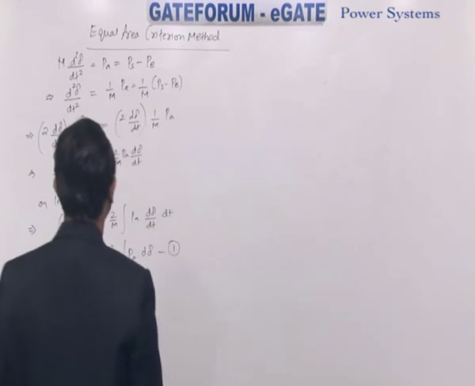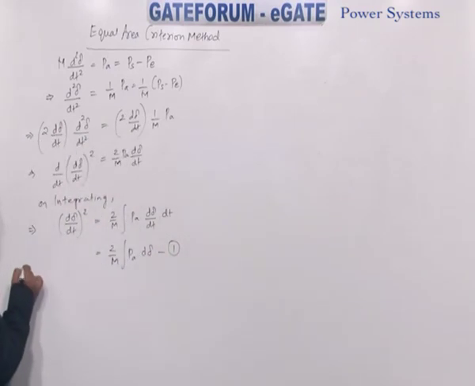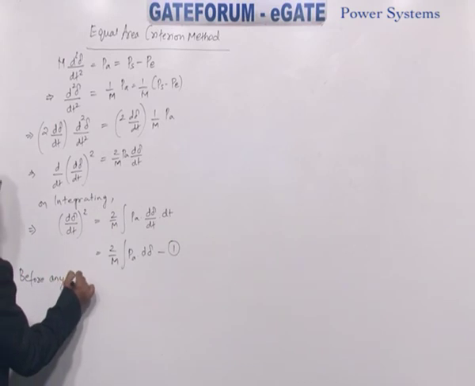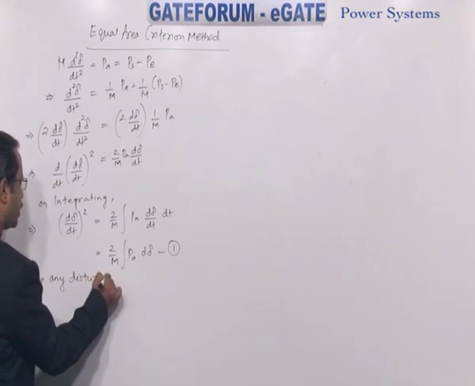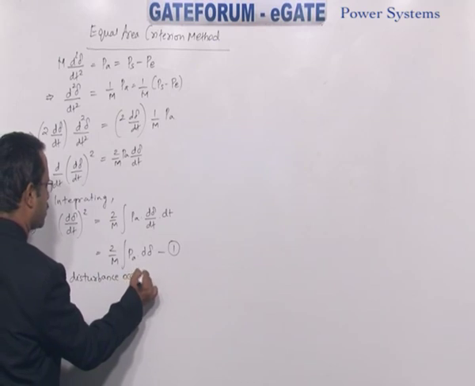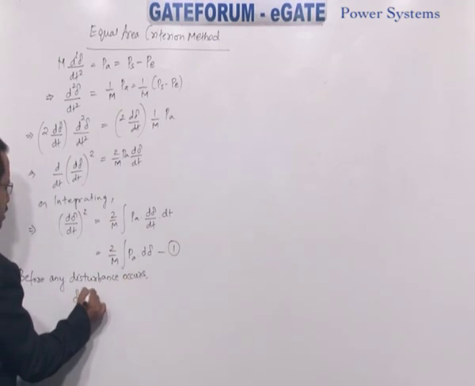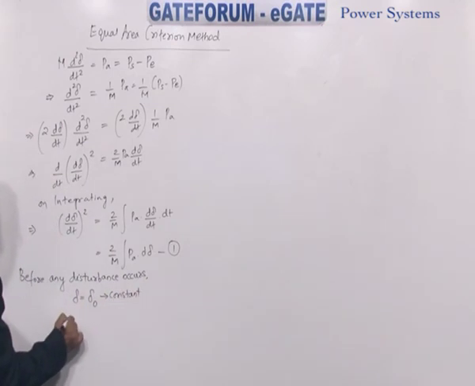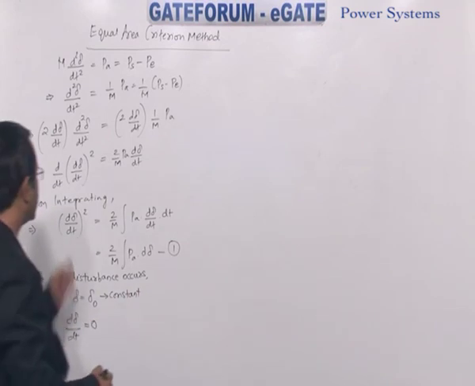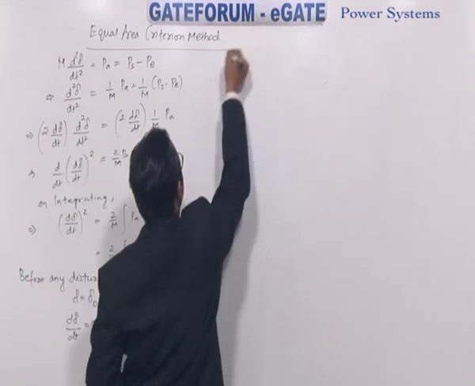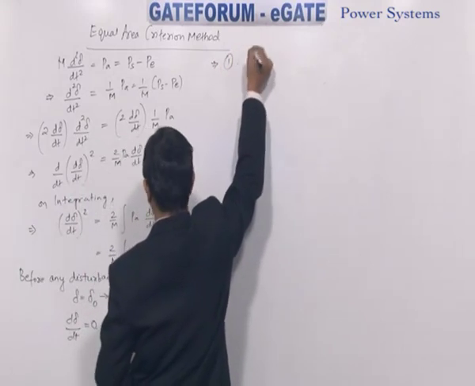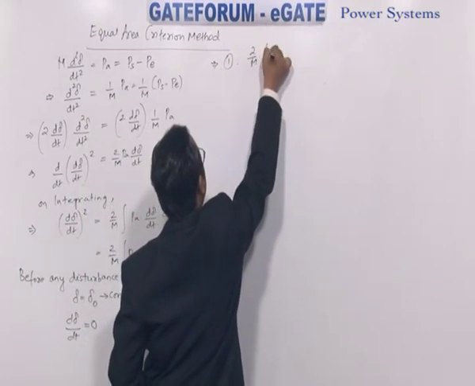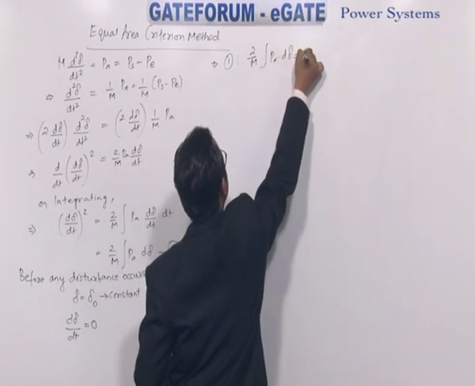So before any disturbance occurs, delta is the same as delta naught, which is constant. In such a case, what will be d delta by dt? It is 0. As it is 0, what about equation 1 now? We can write 2 by M integral Pa d delta is 0.